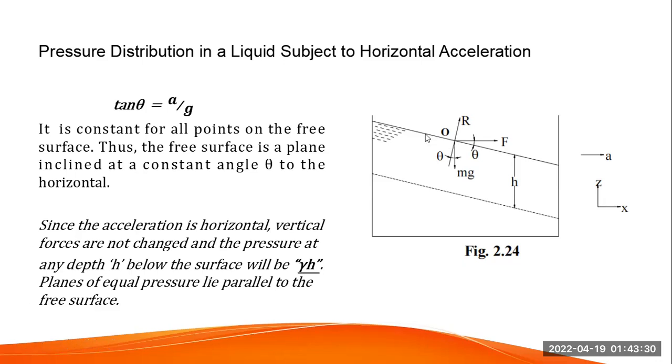Okay. Since yung ating acceleration is horizontal, yung ating vertical forces do not change, and the pressure at any depth ng H, ating H, below the surface will be gamma times H. Okay? Yung planes of equal pressure will lie parallel to the free surface.